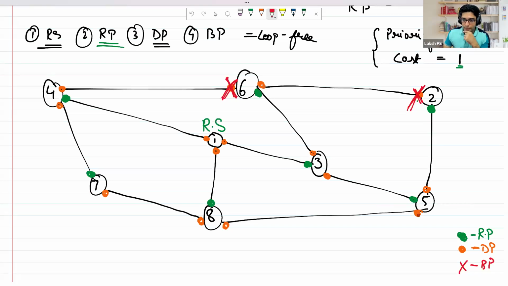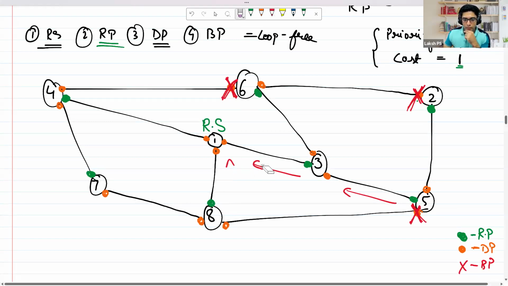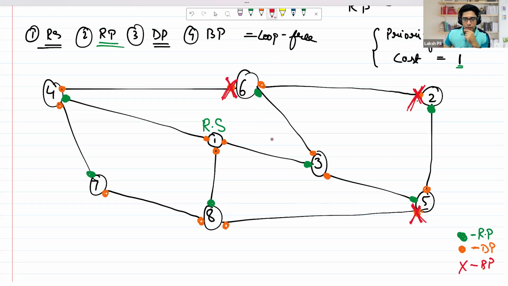Do we have DP-DP? Yeah, between 5 and 8. Right. So 5's cost is obviously higher, 1 plus 1, and 8's is directly 1. So 5 will convert its designated port to a block port. Then coming back to 6, we are done with 6 already because all the other connected interfaces are blocked.